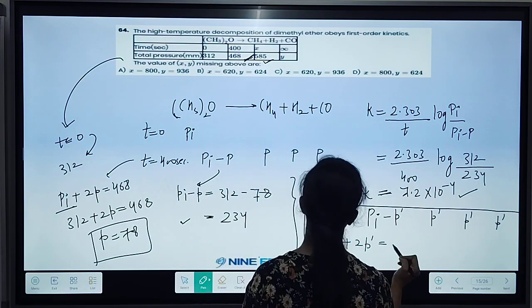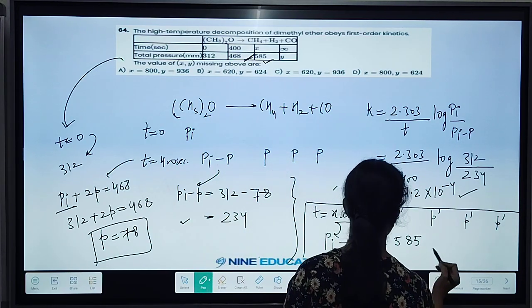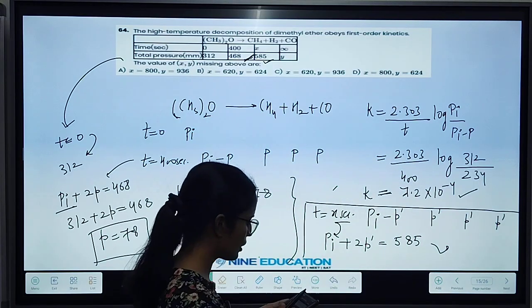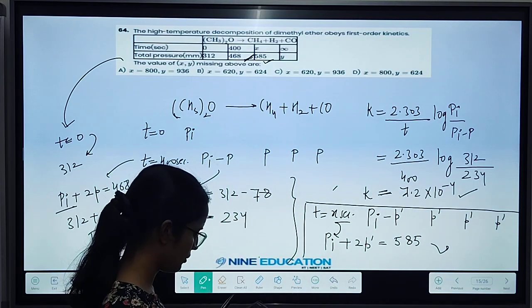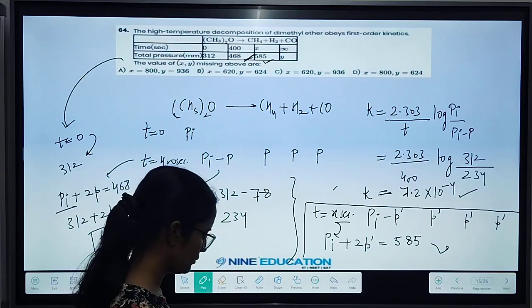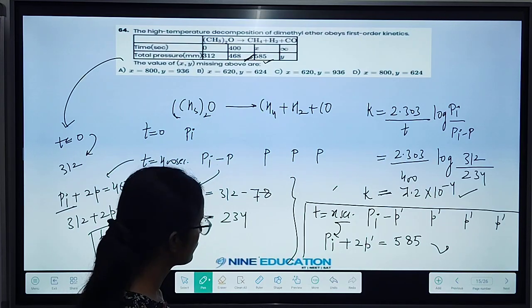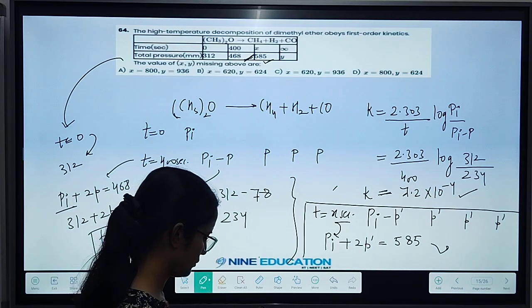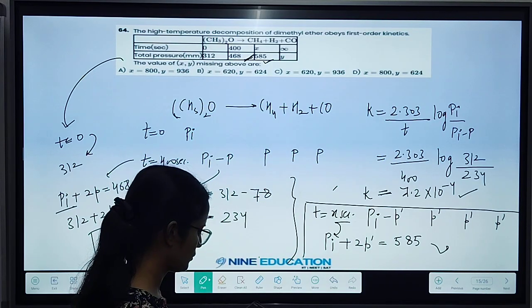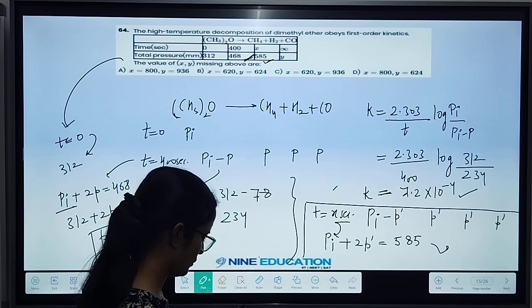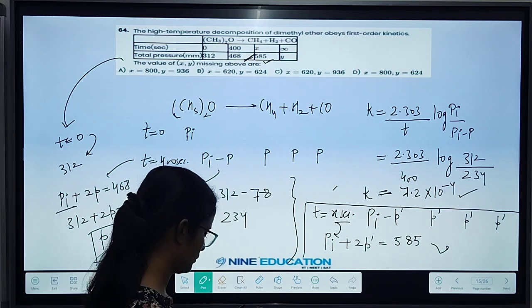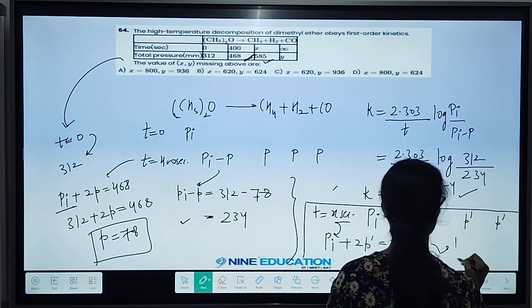It is given as 585, and if I solve it now, we get the P dash value from here.